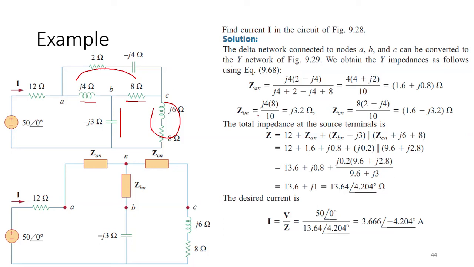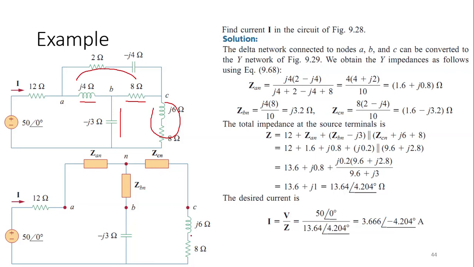Similarly for ZBN, we multiply 4j and 8 ohm divided by the sum of all these, and the sum of all these is 10 from previous. Similarly for ZCN, and in this way the circuit would result like this.